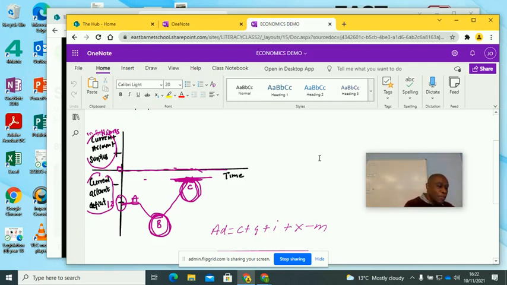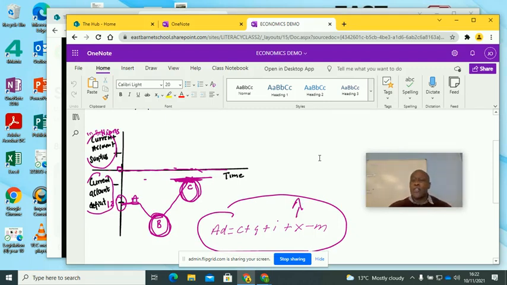And also do not forget this formula: AD is equal to C plus G plus I plus X minus M, net exports. So hopefully when we get to point C, X is going to increase, and hopefully we've gone beyond the short term. We're now in the long term. We can now look for substitutes. We can now maybe go to other suppliers that give us cheaper imports.